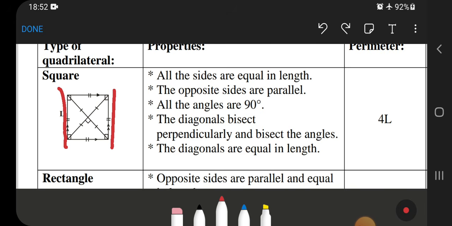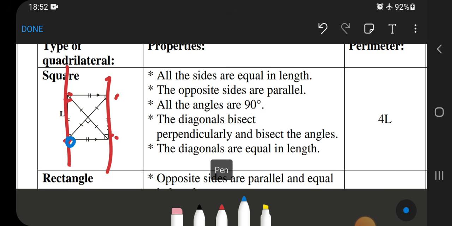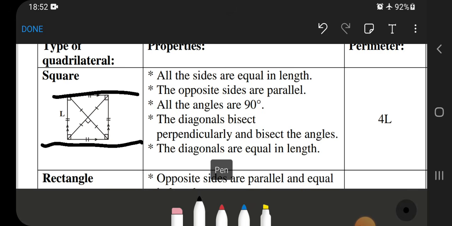The opposite sides are parallel. This one is parallel to this one, so these are co-interior angles, these ones are co-interior angles. Okay, this one and this one need to make up 180, this one and this one need to make up 180 degrees, and this one and this one are also parallel, so this one and this one have to make 180, and this one needs to make 180.